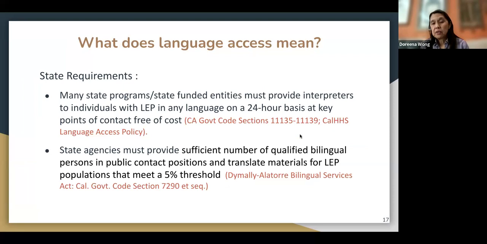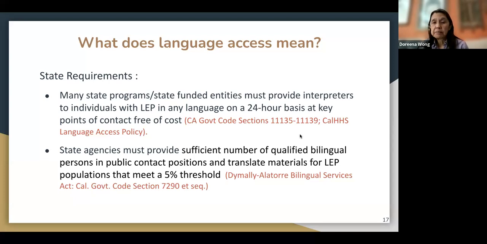As I said, Government Code 10135, the anti-discrimination statute, basically says that state programs and state-funded entities should provide interpreter services at all points of contact, free of charge, for all hours when they're open, even if they're open 24 hours. And these days, a lot of agencies can contract with telephone language lines and provide services during business hours.